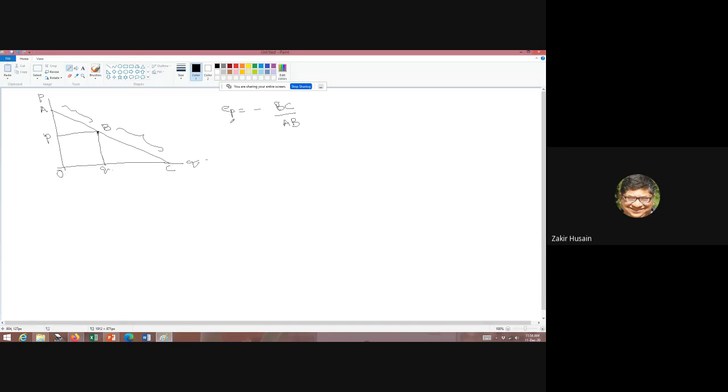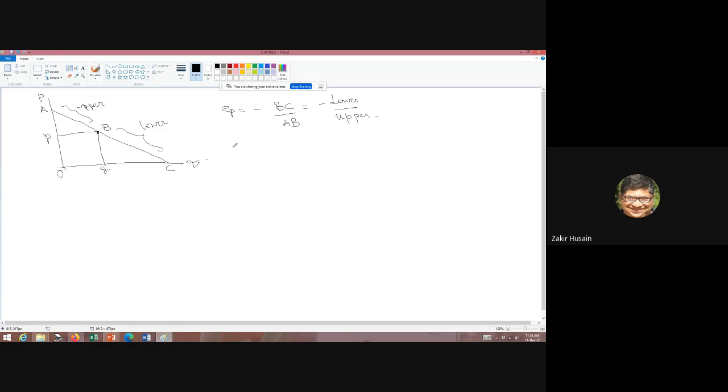Let me see. Okay. So elasticity is equal to BC by AB. Okay. So we can call this the lower segment and this is the upper segment. So you can say it's the ratio of the lower and upper segments.